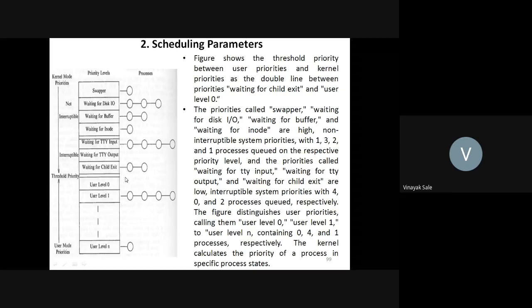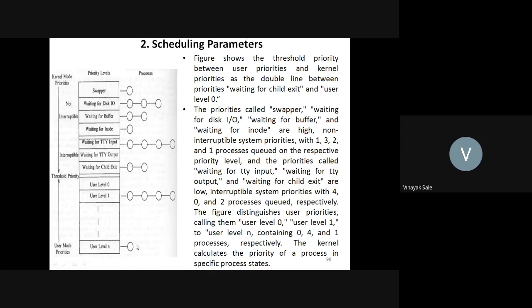This figure also distinguishes user priorities, from user level 0, user level 1 to user level n, containing the priorities 0 for user level 0, then 4 for user level 1, and 1 for user level n respectively.